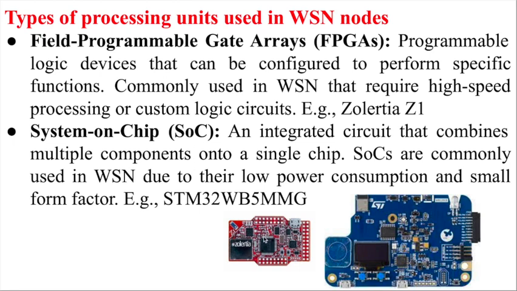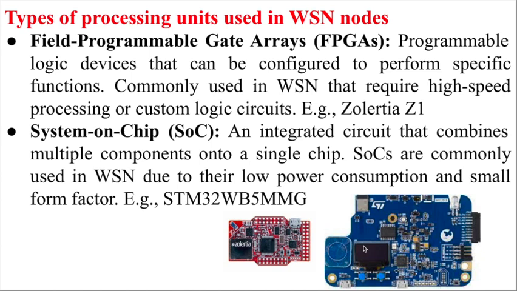Boards are already available in the market, you need to attach the sensor and use it perfectly. Last and final is the SoC, system on chip. This is a complete system, an integrated circuit that combines multiple components on a single chip. They also consume low power and are small in size, and STM32 is an example of a system on chip.